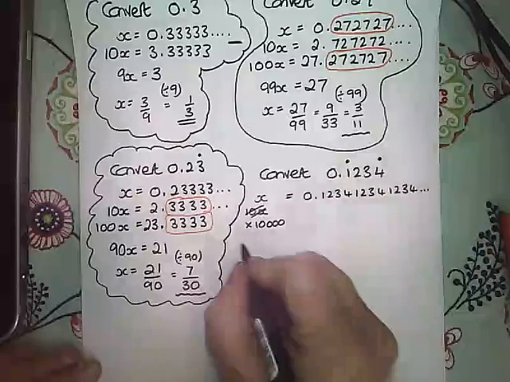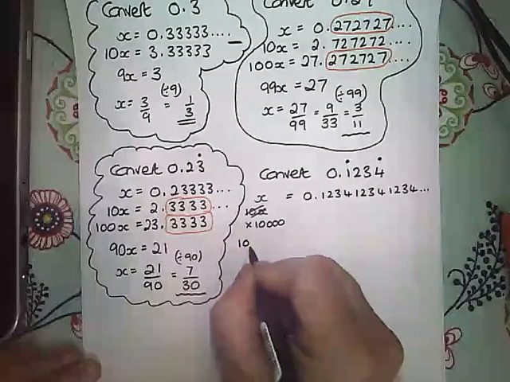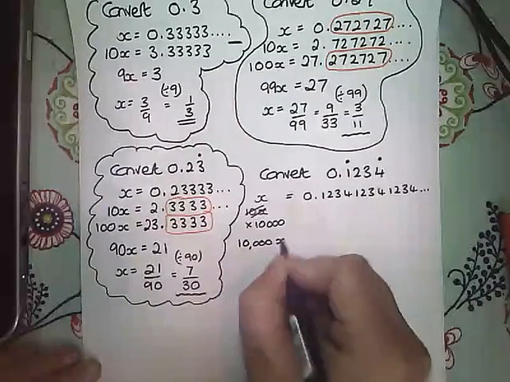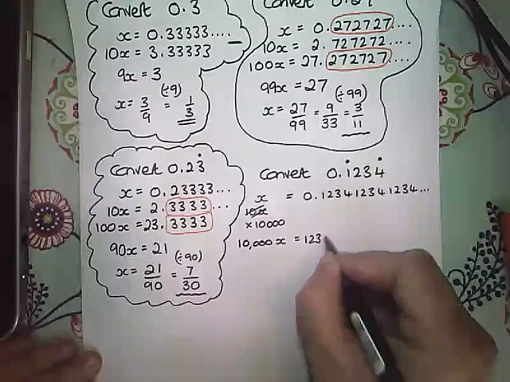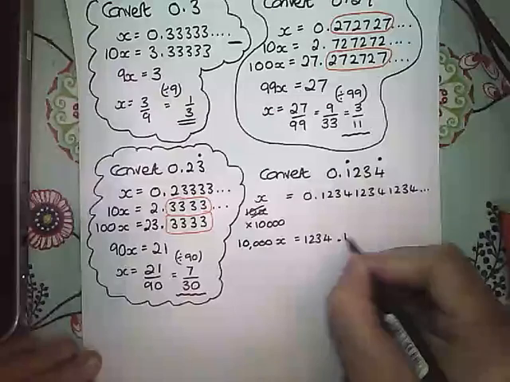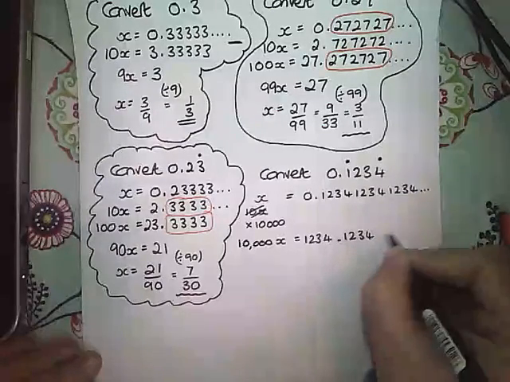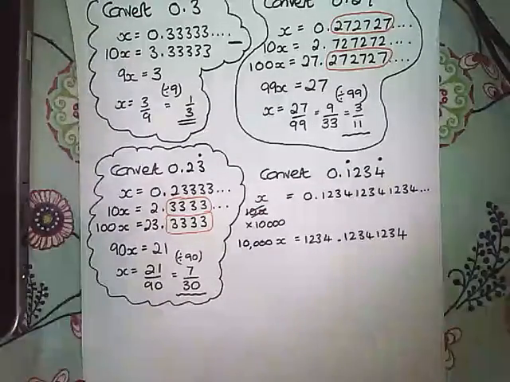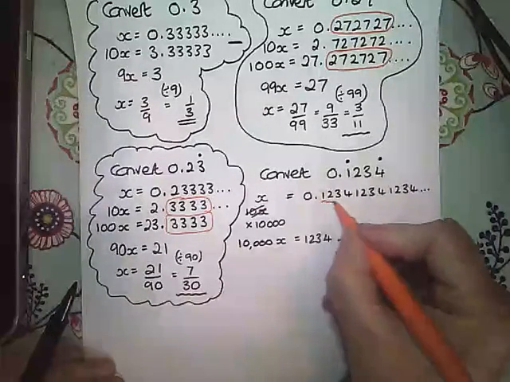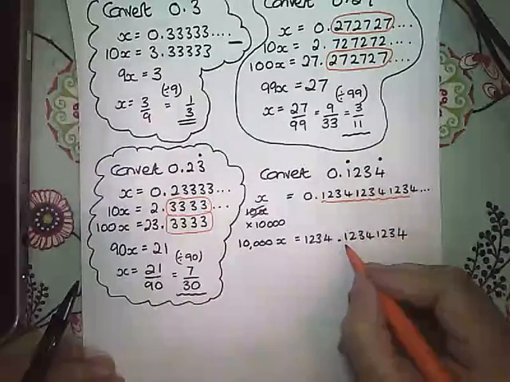So then we would have 10,000x is equal to 1234.1234. And you can see now that the decimal part here matches up with the decimal part here.